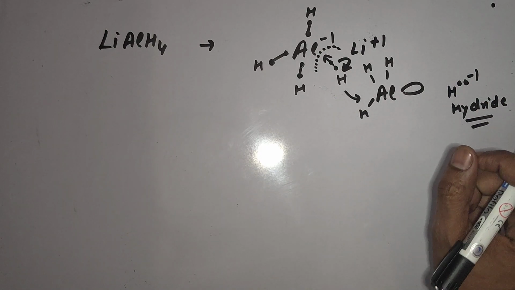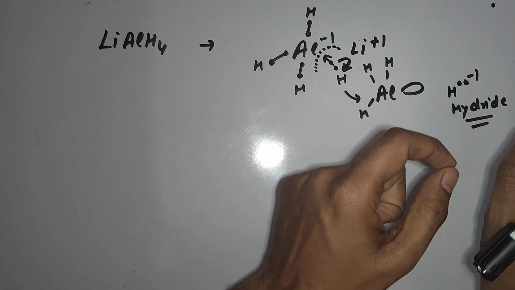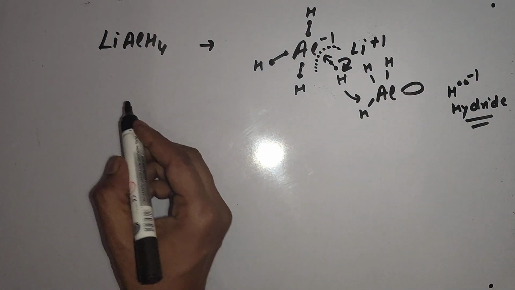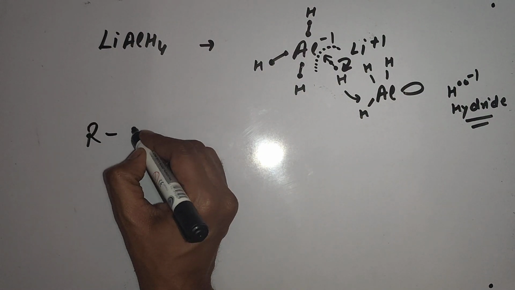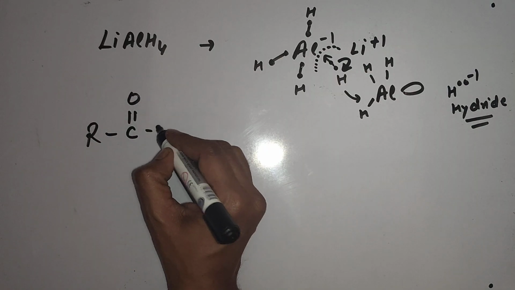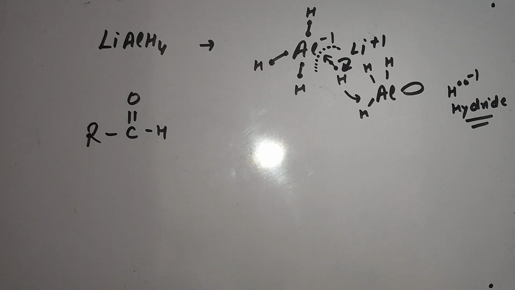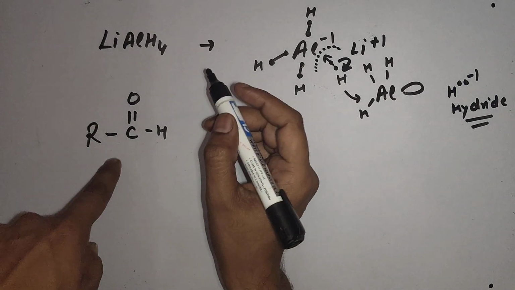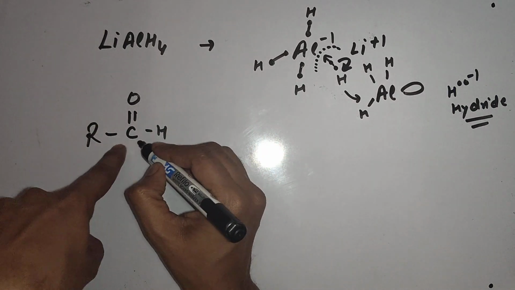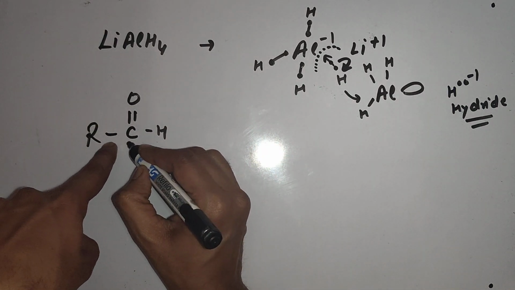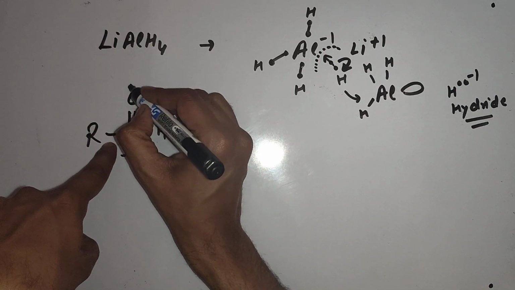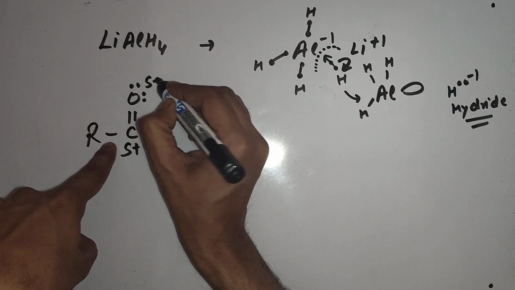Now hydride is a negative particle, it wants a positive particle. Where do we have a positive particle? Let's check. Aldehyde is there. I am applying this mechanism on aldehyde. On ketone you will apply by yourself. Already I told you, in carbonyl group, carbon is a positive particle and oxygen is a negative particle.